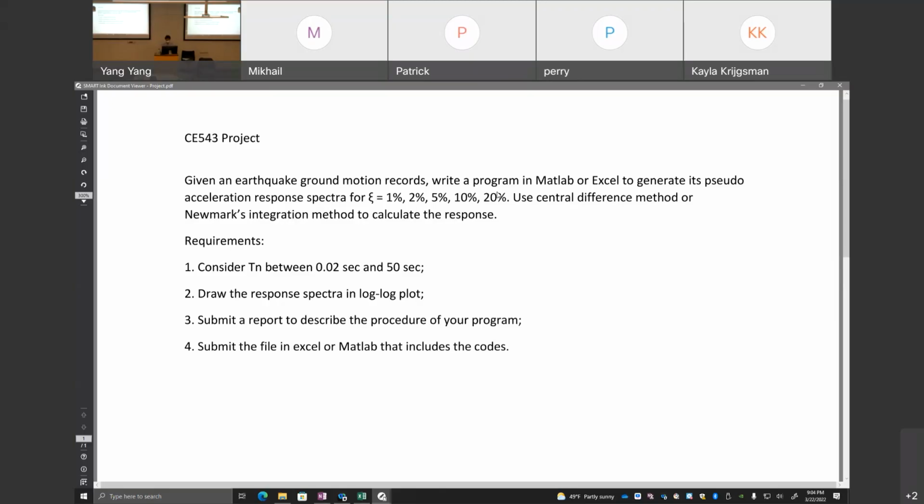And after this project, probably we will have another project about using structural software to analyze a bridge or a building structure under an earthquake, so that you can get the maximum bending moment, axial force, as well as shear forces, so that you can do your design based on those analysis results. So that's the plan for the project.